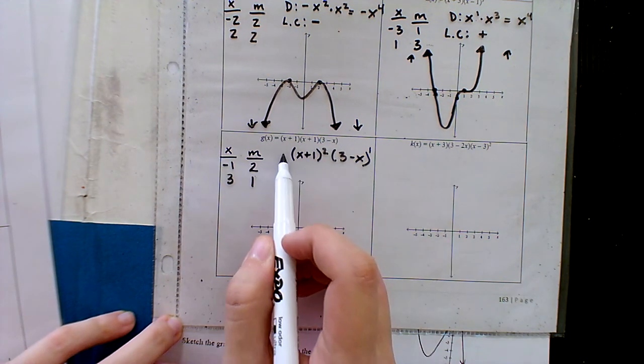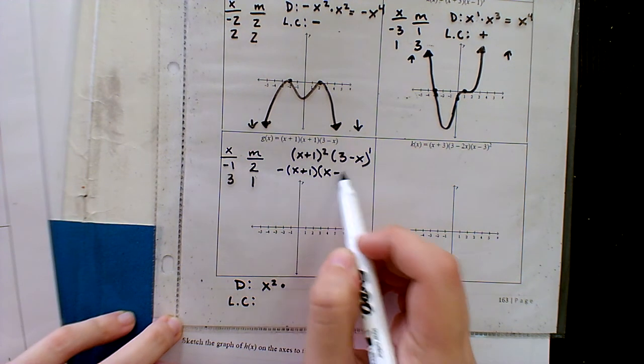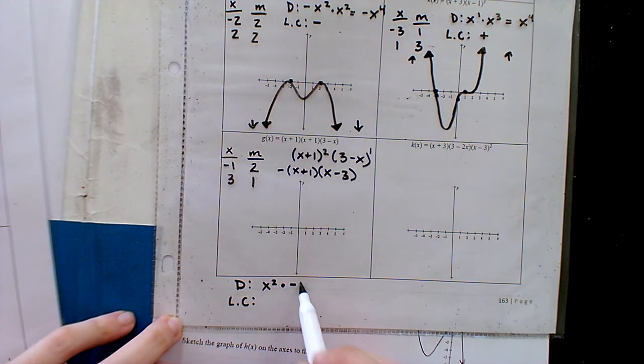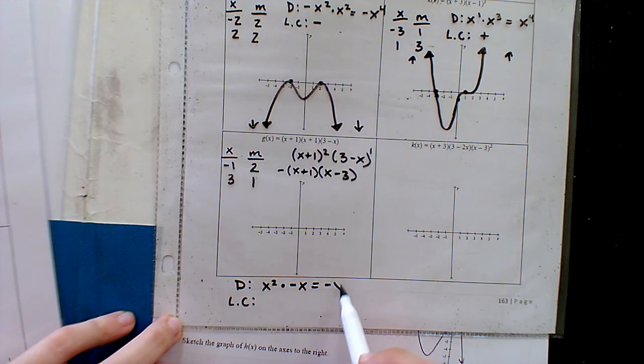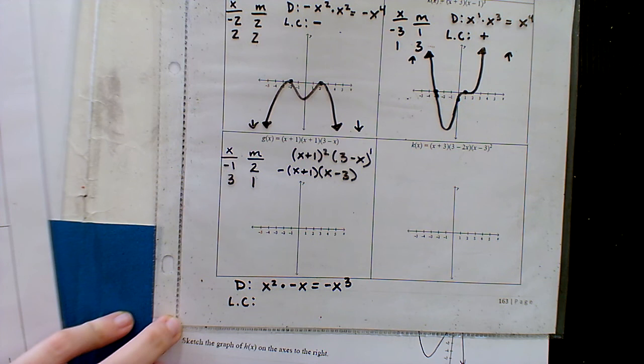You can divide the negative out or count it here, regardless you'll get a negative x to the third in the end. So our leading coefficient is negative.